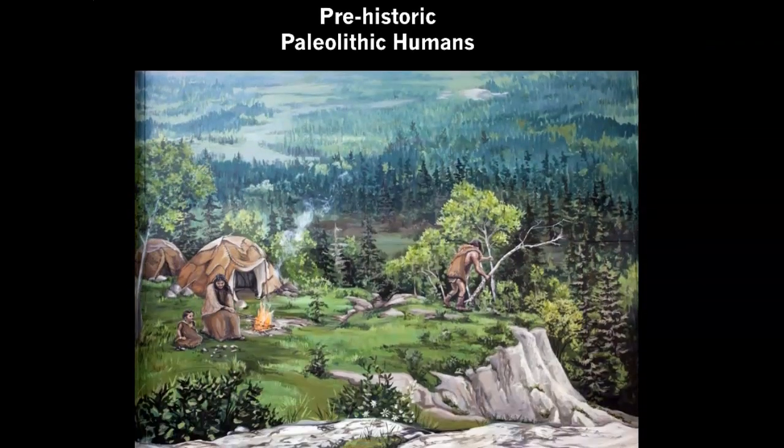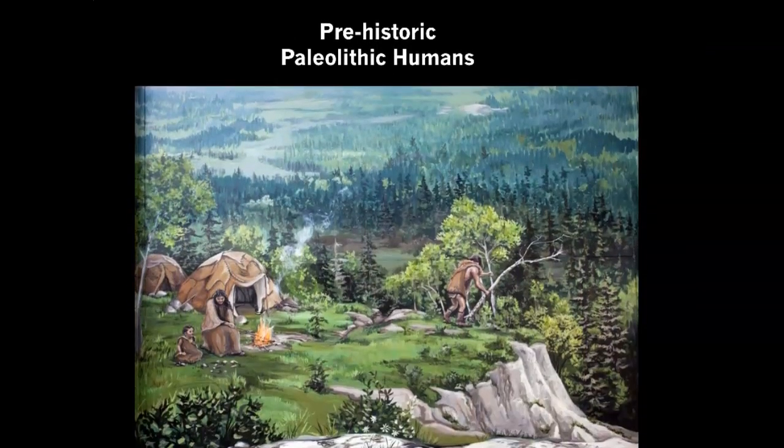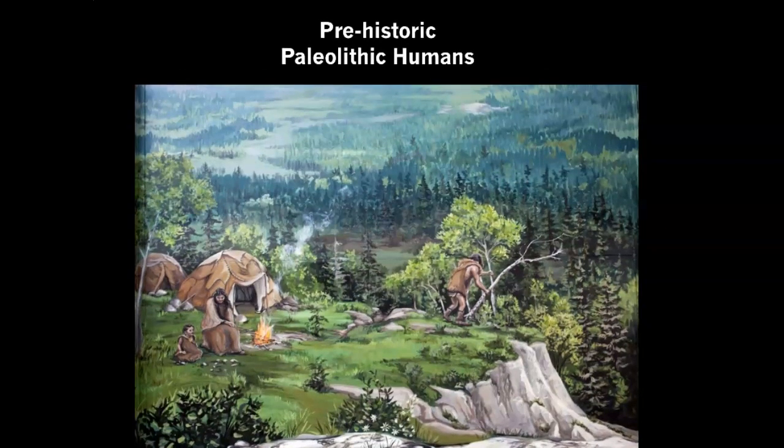In the prehistoric world, or more specifically, the Paleolithic world, evidence has shown, and when I say evidence, I mean campsites or bones or rocks, different materials that we believe come from this time. What we see is that humans lived in very small communities.